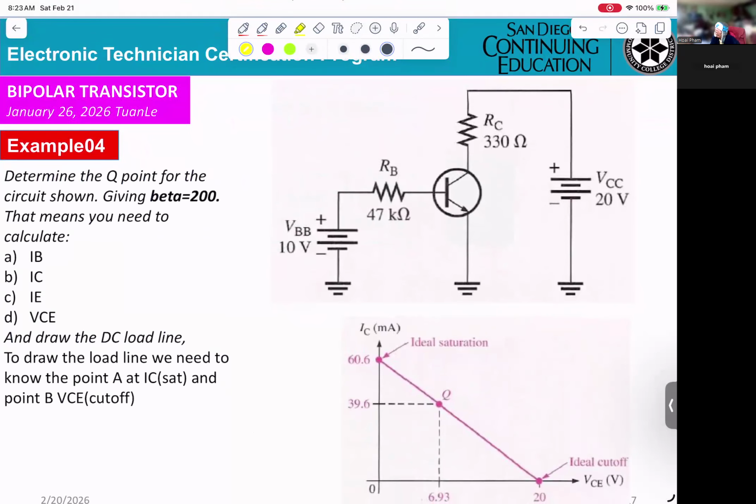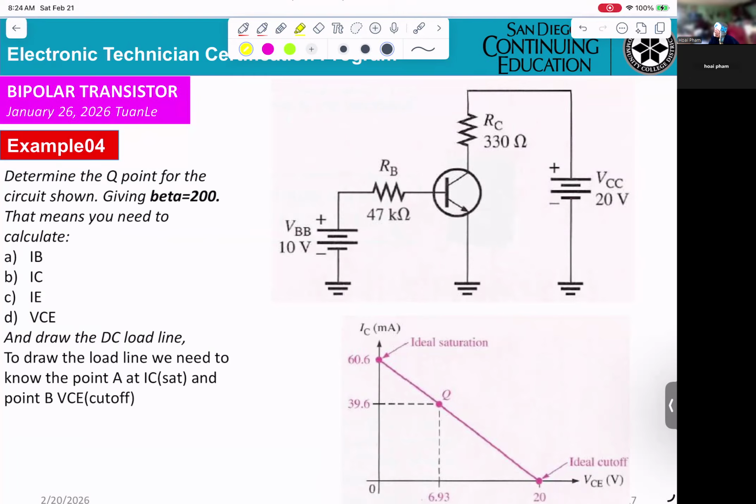So, example number 4, they give me the Q point for the circuit. Beta equals 200. That means you need to calculate IB.